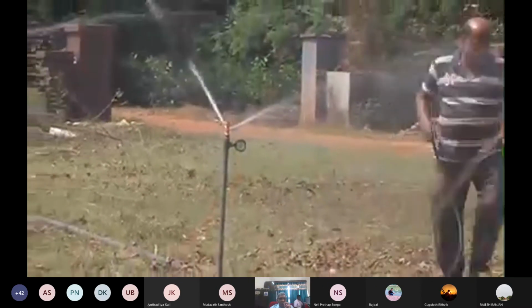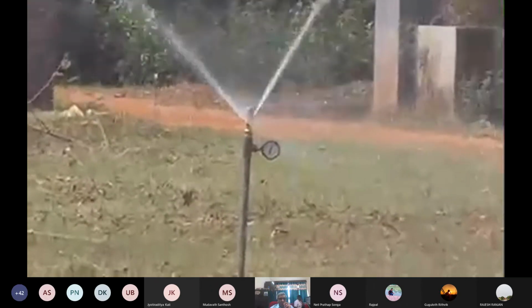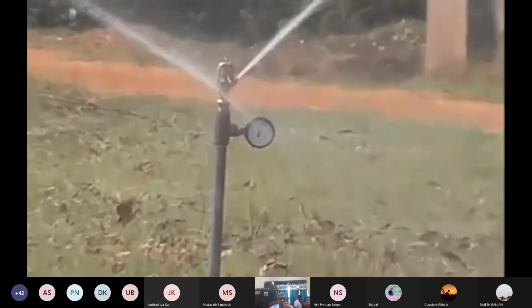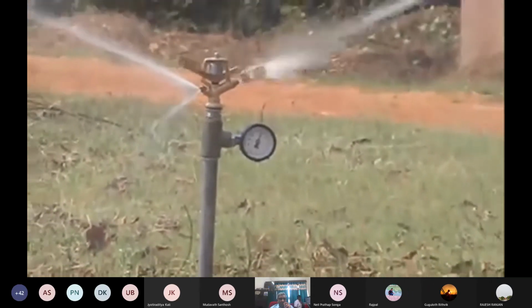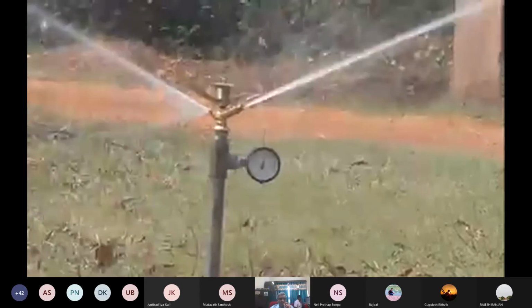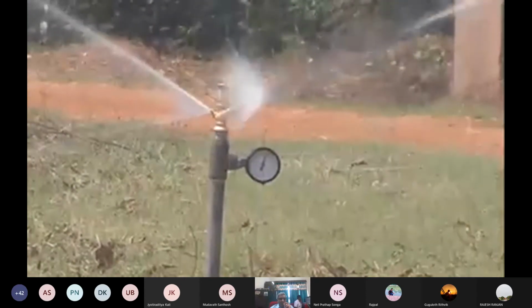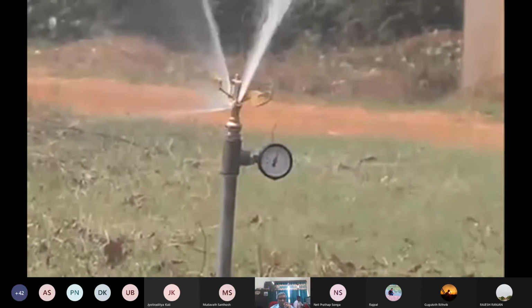Now we can see in how much time it takes to complete one round. So the sprinkler revolutions per minute can be found out. This is one observation to be used.